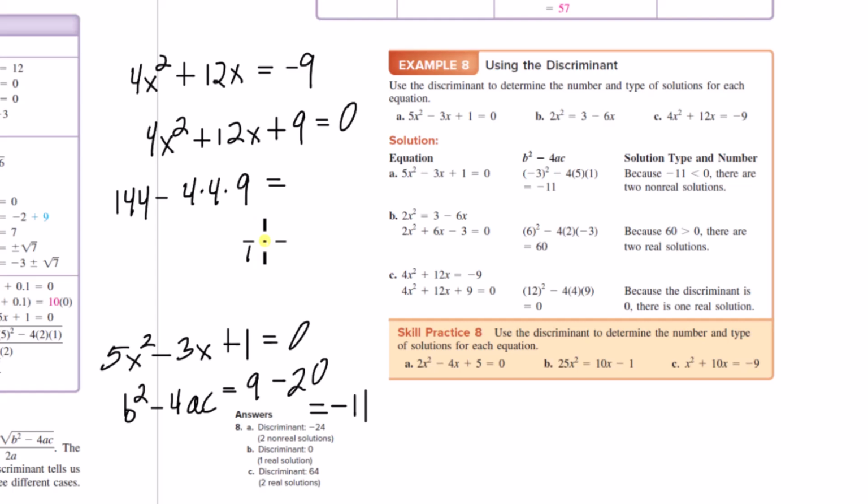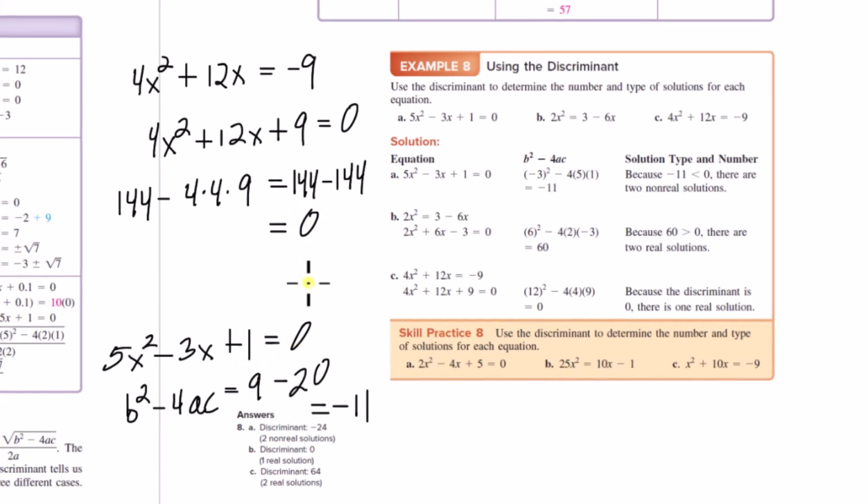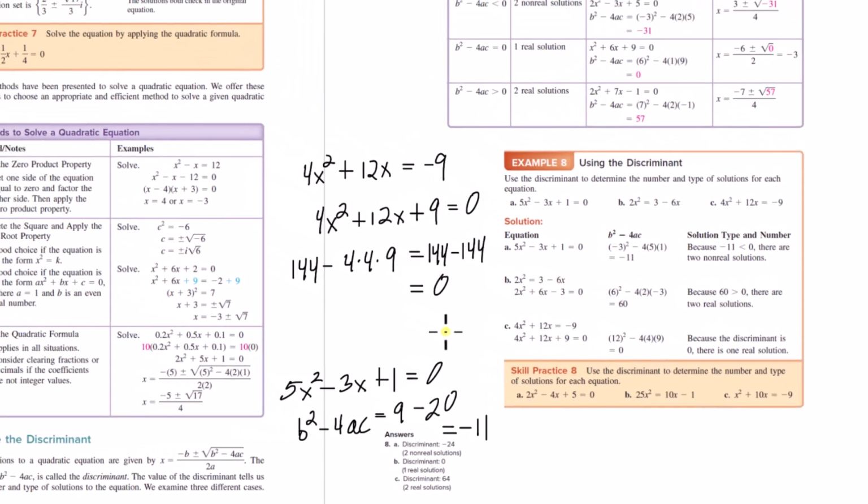So 16 times 9, 9 times 6 is 54. It's 144, so we've got 144 minus 144 is equal to 0. And so there's going to be one real solution in this case.